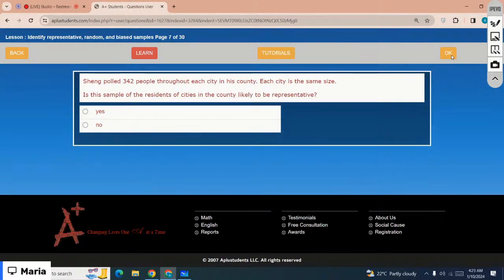Sheng polled 342 people throughout each city in his country. Each city is the same size. Is this sample of the residents of the country likely to be representative? Which is the correct option?